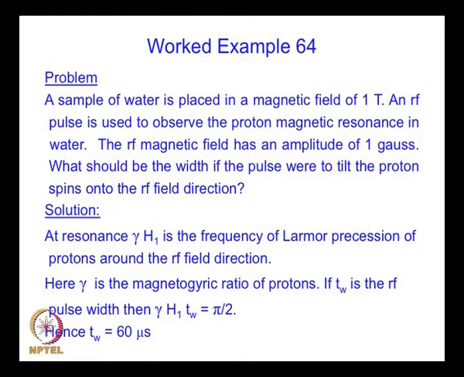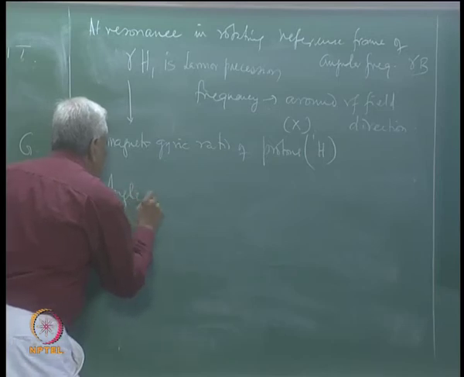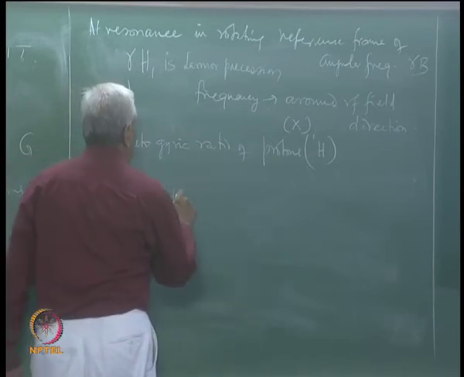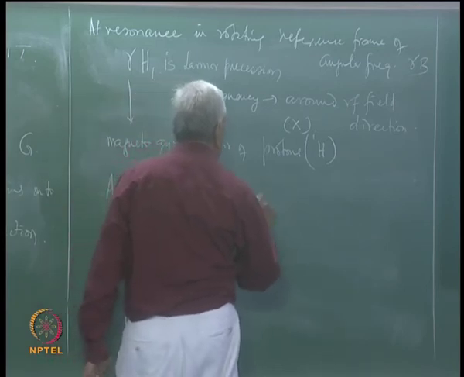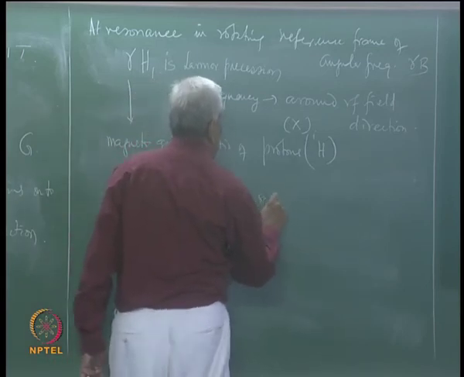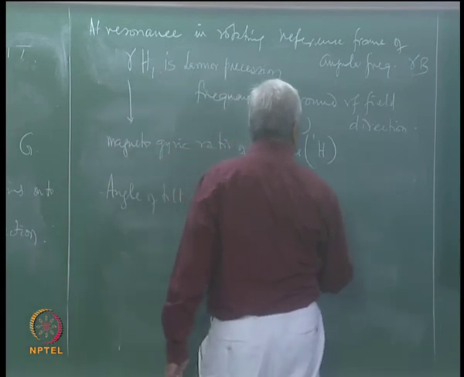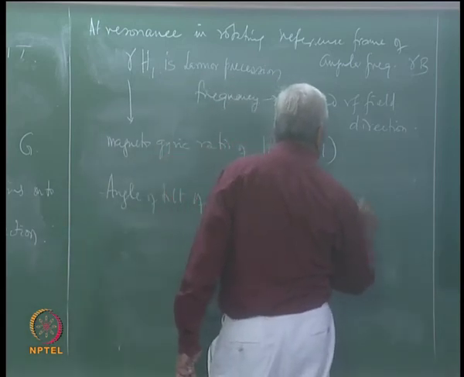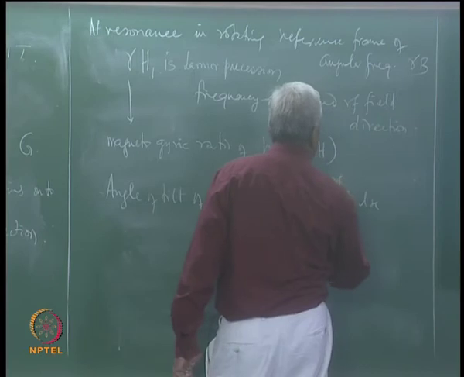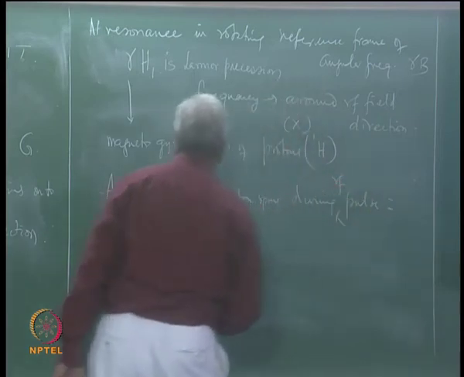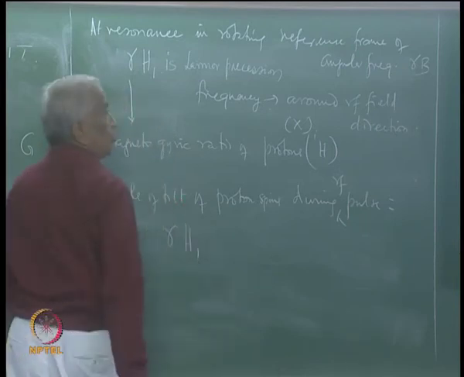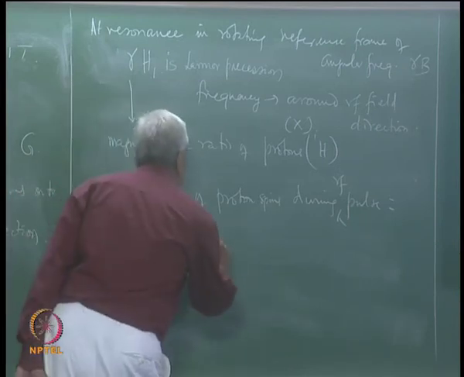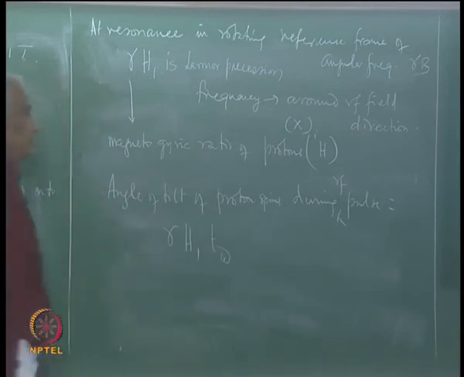Therefore, the angle of tilt of proton spins during the pulse is gamma h1, the angular frequency of precession, times the pulse width.